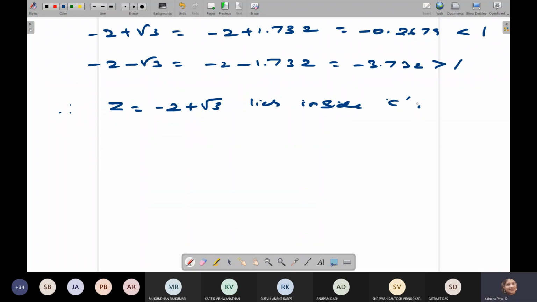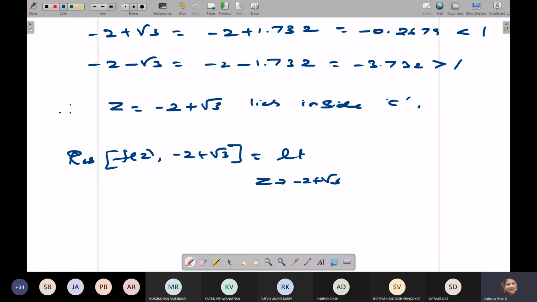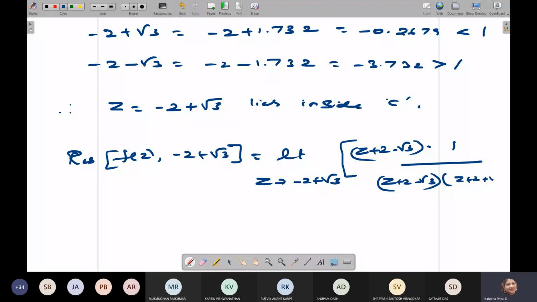So it is enough if you find the residue for that pole alone. Residue for the given function at the pole minus 2 plus root 3. It's a simple pole. So limit z tends to minus 2 plus root 3, z plus 2 minus root 3 into 1 by z plus 2 minus root 3 into z plus 2 plus root 3.